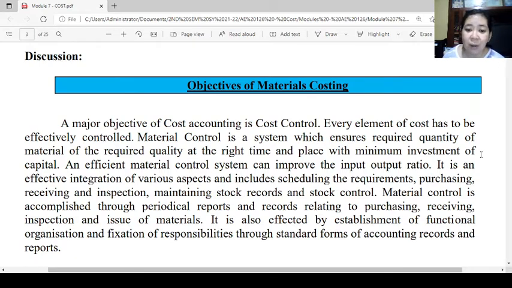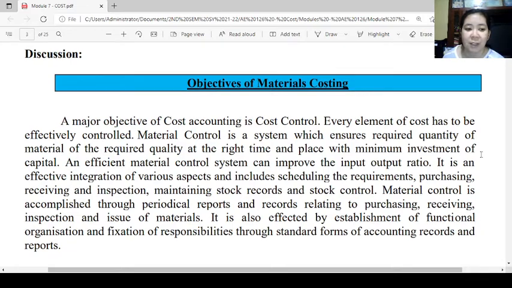This is also effected by the establishment of a functional organization and fixation of responsibilities using standard forms of accounting records and reports. This is how the objectives of material costing will be achieved.